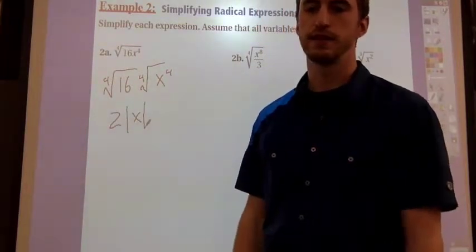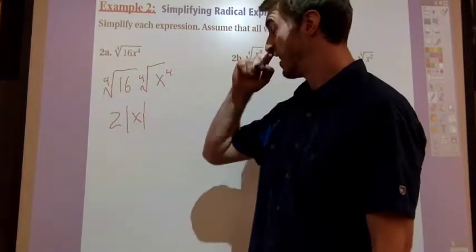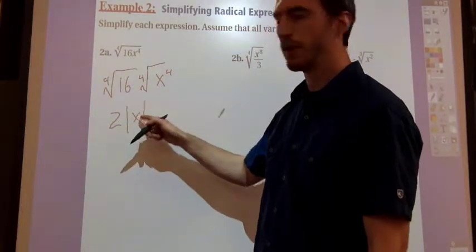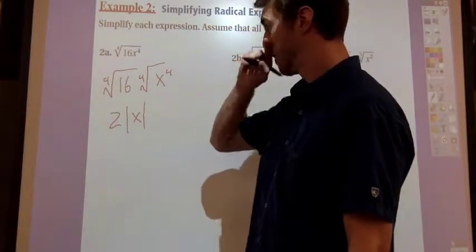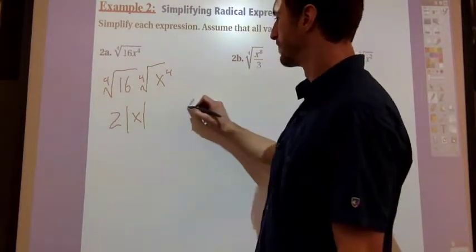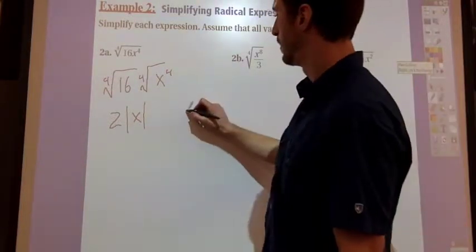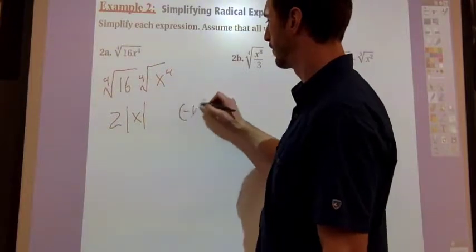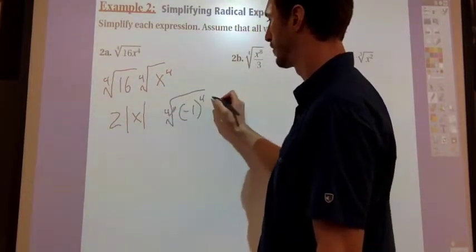And it doesn't say this in the book, but it should. And the reason for that is if I take a negative number, like -1, and I plug it in here for my x to the 4th, so let's see, I'll do this in blue, and I plug in -1, and that's to the 4th, and then the 4th root.